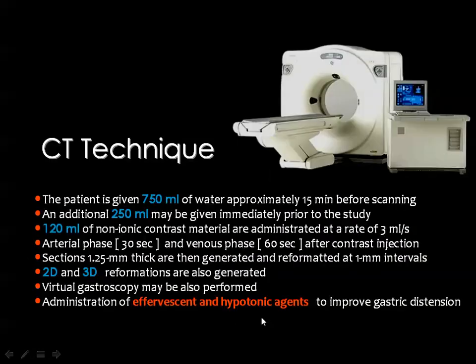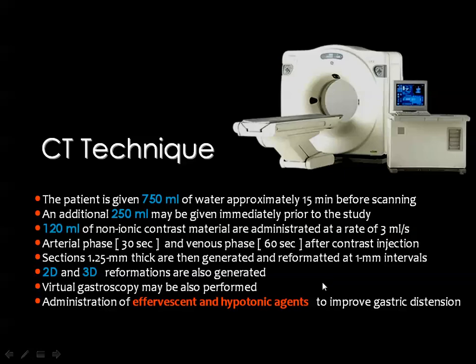The CT is extremely valuable here, and one of the main issues is to have adequate gastric distension, either with water or with air, or sometimes we may give oral contrast material.